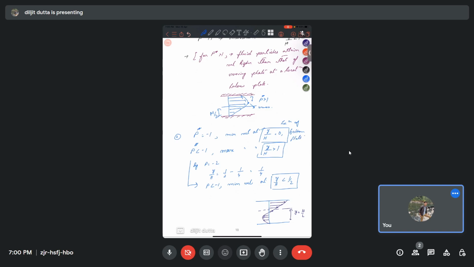And lastly, when P star is less than minus 1, then the maximum velocity will occur at y/h greater than 1, that is outside the location of the plate, and the minimum velocity will occur at a location y/h less than half. So the minimum will occur somewhere in the lower half.